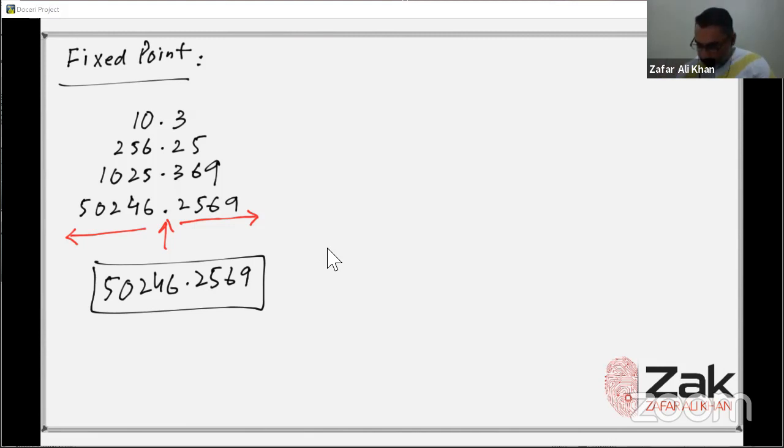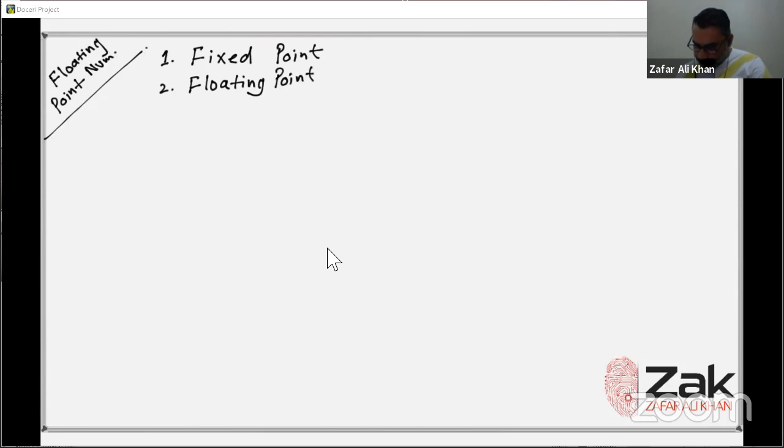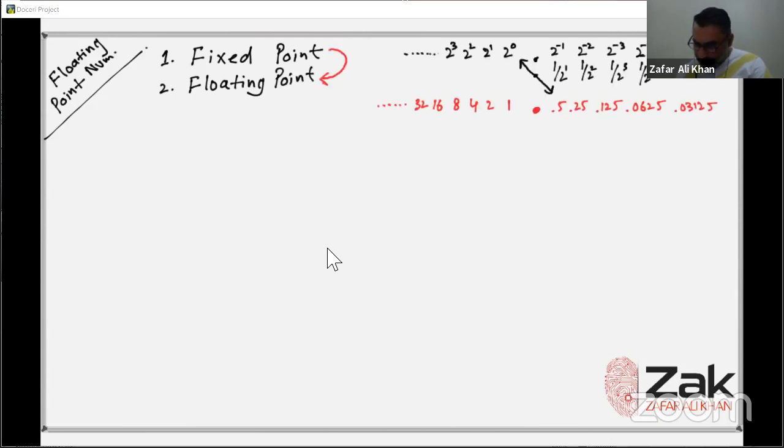So in floating point, what you need to know is first this.